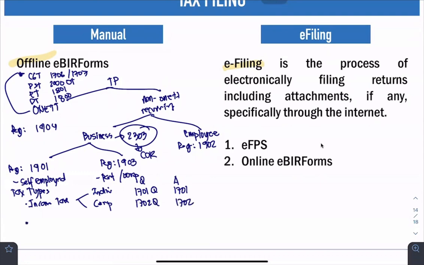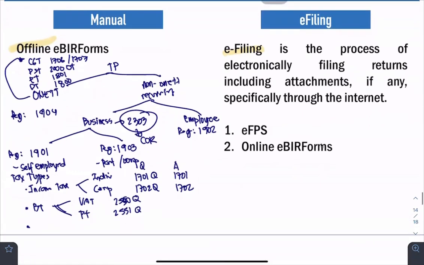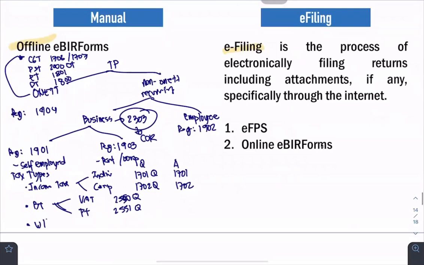Next, for your business tax, you just need to determine whether the business is subject to VAT or subject to percentage tax. So this is 2550Q and 2551Q for percentage tax. And the last tax type is your withholding tax. So you have two types of withholding.